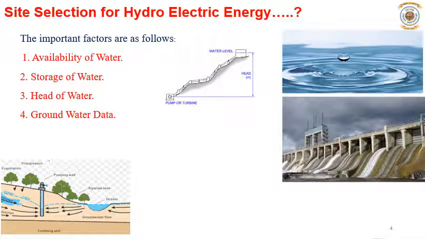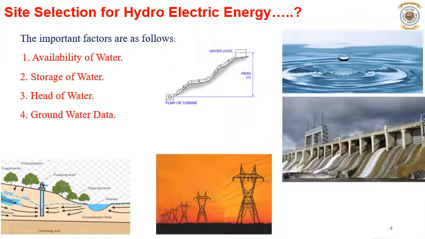This is important in order to decide the site, because there we can study the rainfall, how much water can be stored, and how much water has to be stored for continuous power generation, and we can study the runoff. So groundwater data is very much essential.